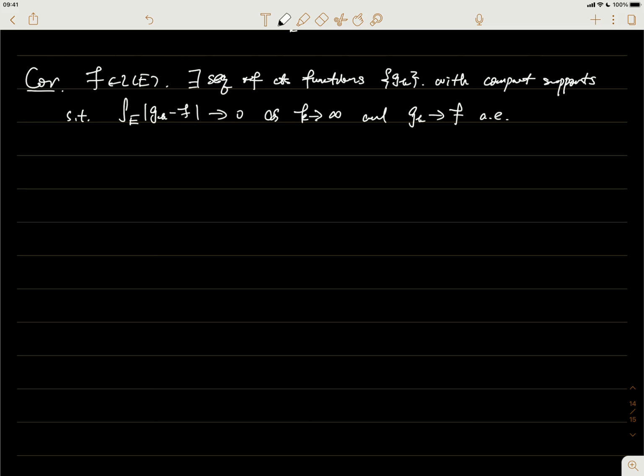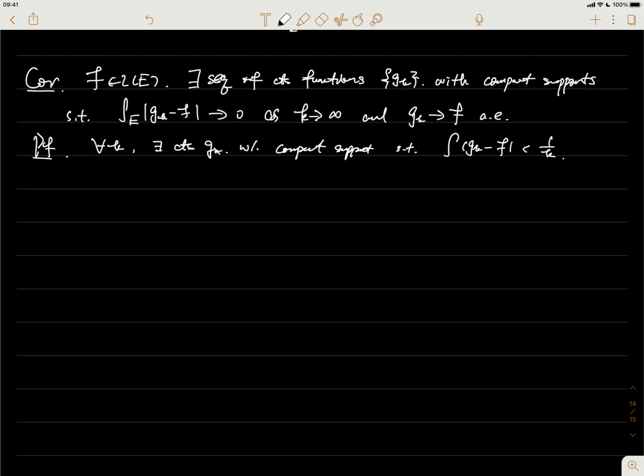Right? So the proof is pretty simple based on the theorem above. The first step is that we can directly apply the theorem above. For any k, we can show that there exists a continuous function g_k with compact support such that the integral of g_k minus f is less than 1 over k, for example.